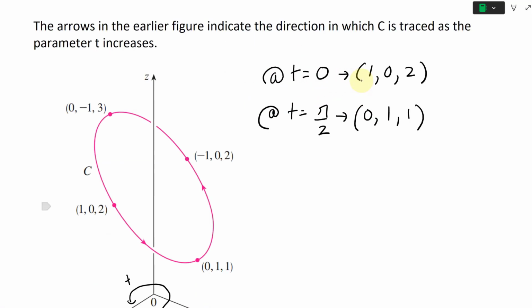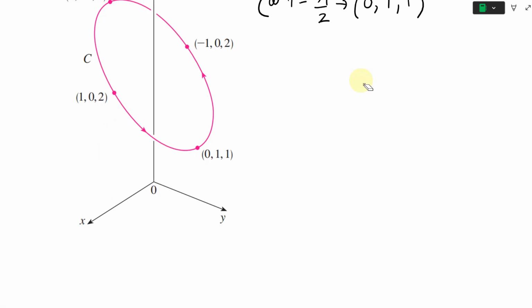So in other words, this is the next point. It goes from here all the way down here, and then it's going to go back up. I'm just going to erase this as well. This is t, and t goes from there.